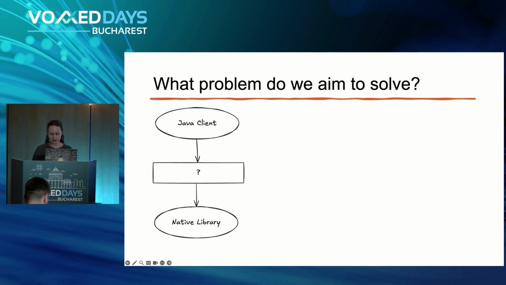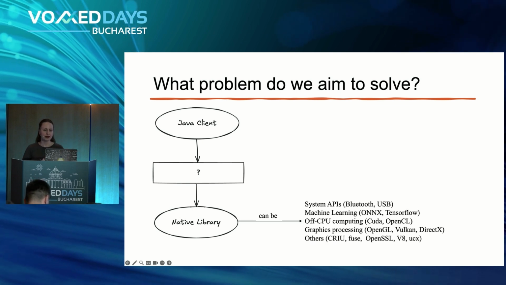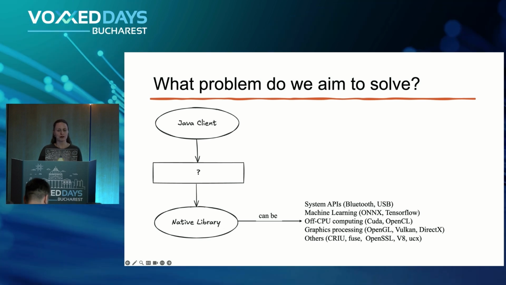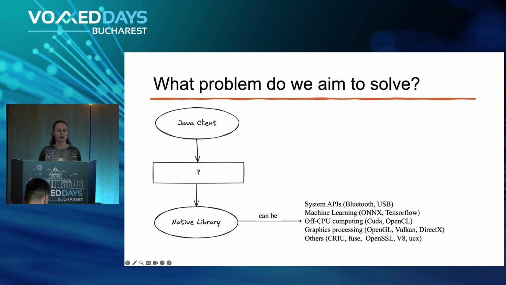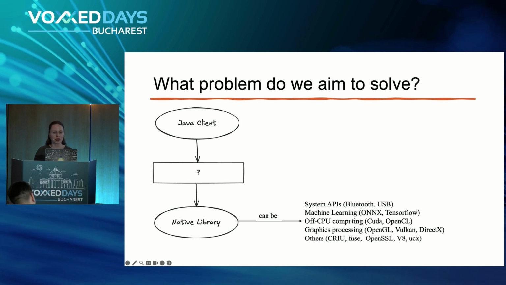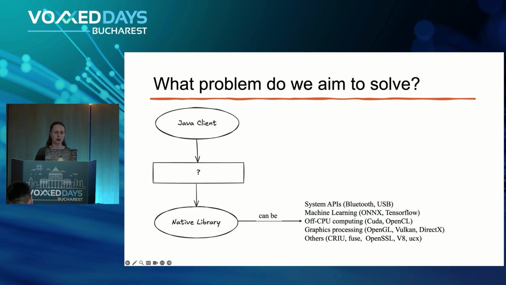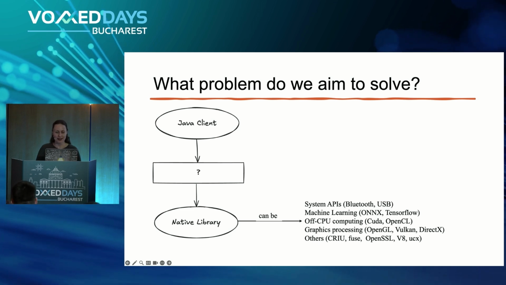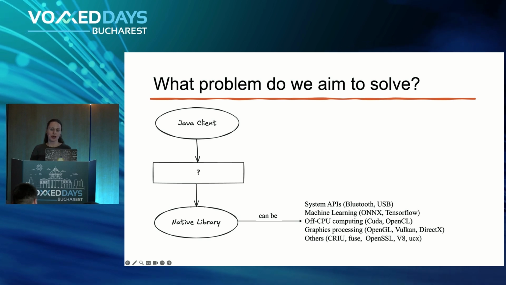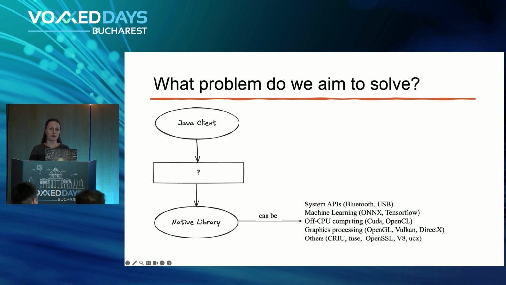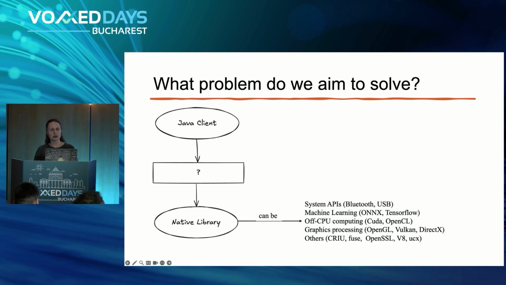So just to give you some examples of what these native libraries can be, let's start with our own computers. On our own computers, we have system APIs, we have USB. These are native libraries that we can access through different ways from Java as well. We're going to see what we're going to replace that question mark with. Then, of course, there are great native libraries written in C, for example, purposely for machine learning, like ONNX Runtime, like TensorFlow, and we would probably want to use those nicely in Java as well.